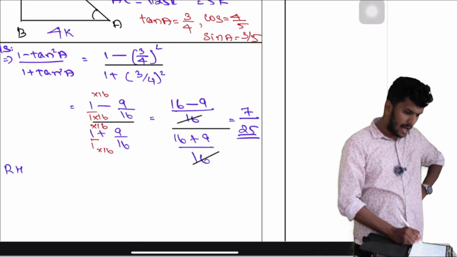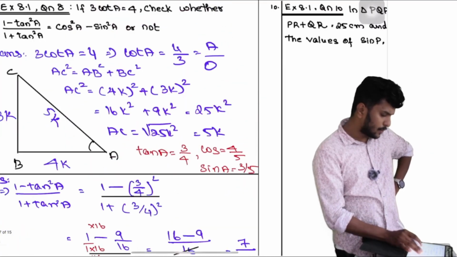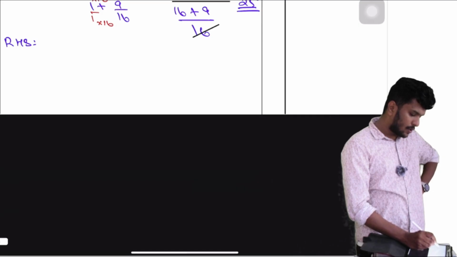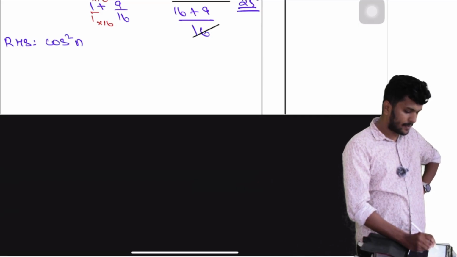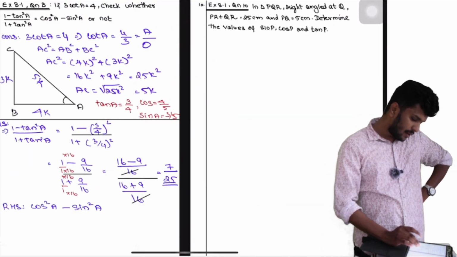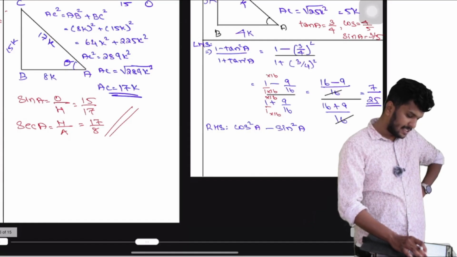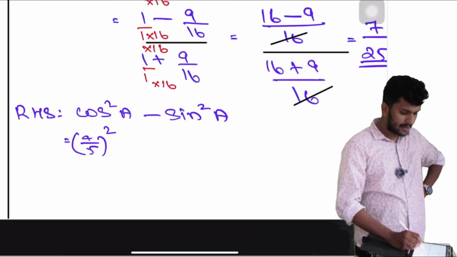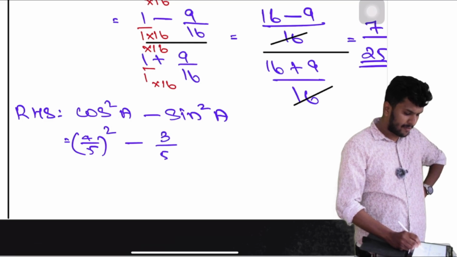Now let's check with your RHS. RHS is what? Cos square A minus sin square A. So cos A is 4 by 5 and sin A is 3 by 5. So 4 by 5 the whole square minus 3 by 5 the whole square.